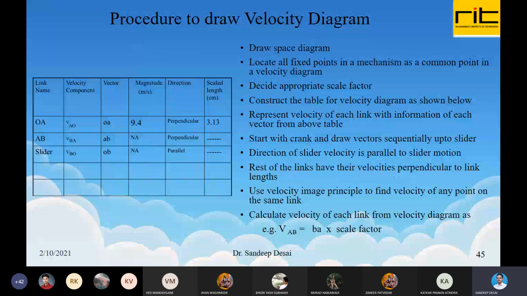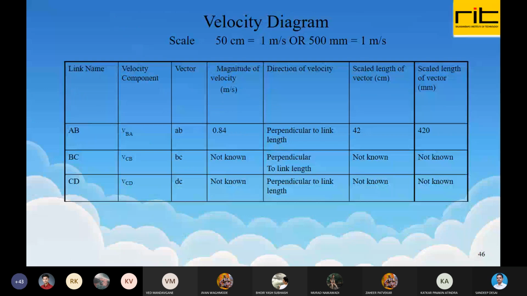From this vector diagram, determine velocity of each link, as velocity of a particular link is equal to its vector length from the velocity diagram multiplied by scale factor.